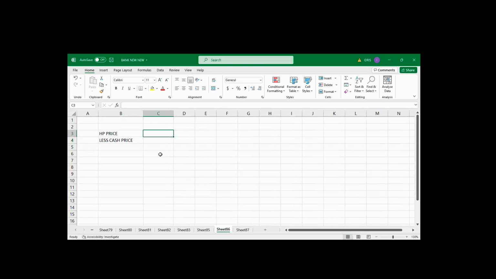Do we understand? So in the question, what is the hire purchase price? What is the cash price?